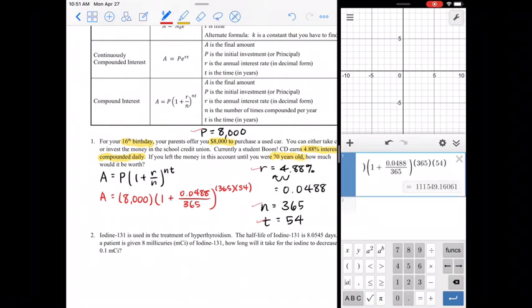Our final amount is 111,549 and 16 cents. So think in terms of money. That will be your final answer.